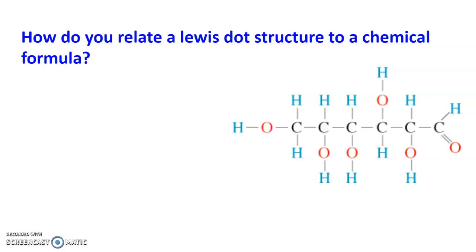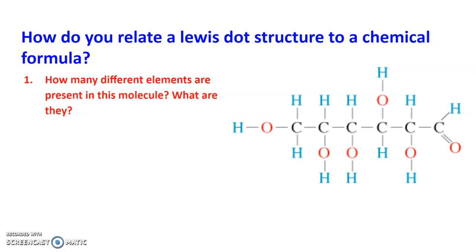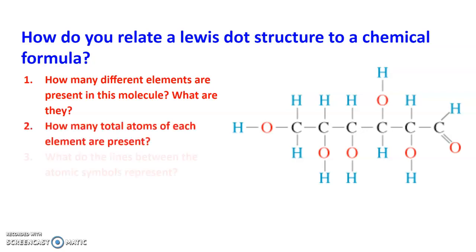Here's a little bit of a more complicated example. So we want to take the Lewis dot structure and then use that to find the chemical formula. How many different elements are present in this molecule, and what are they? How many total atoms of each are present? What do the lines between the atomic symbols represent?